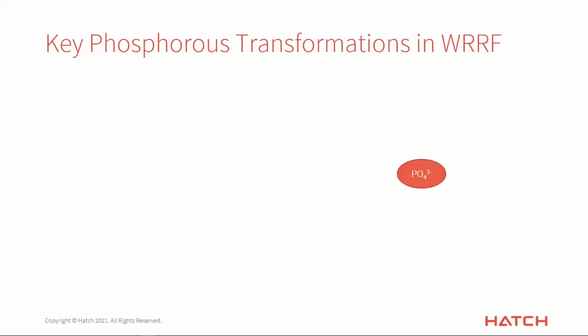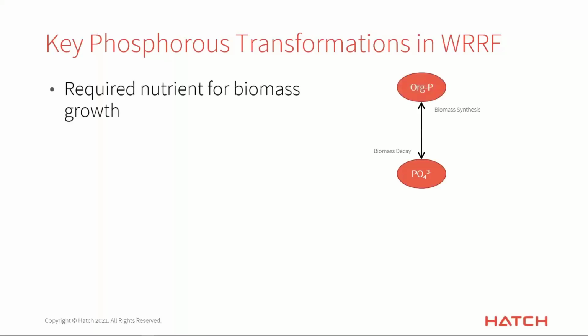Okay, so we have this phosphorus. We have this soluble orthophosphate that we want to be able to predict in our model and understand how it is going to change and be increased or decreased over time. So the key processes that we need to capture, the ones going on in a water resource reclamation facility, are, first of all, the required nutrient for biomass growth. So this is not BioP removal. This is referring to just using phosphorus as a nutrient for regular growth.